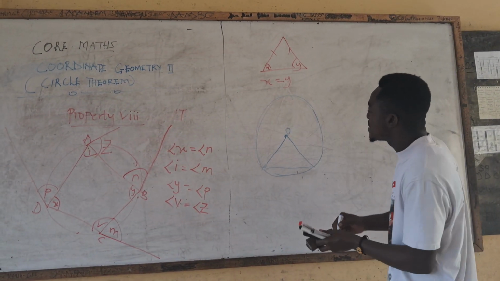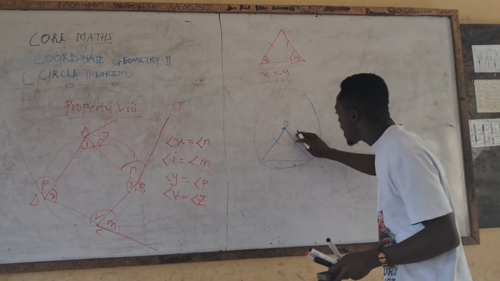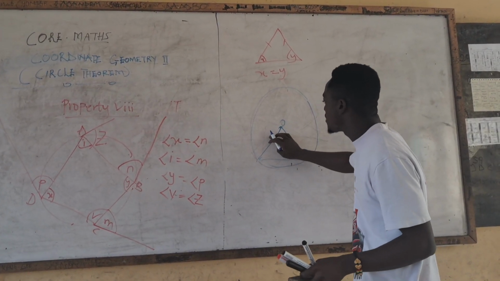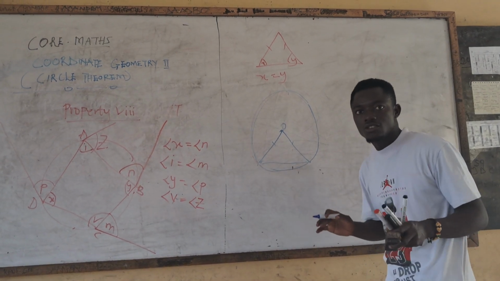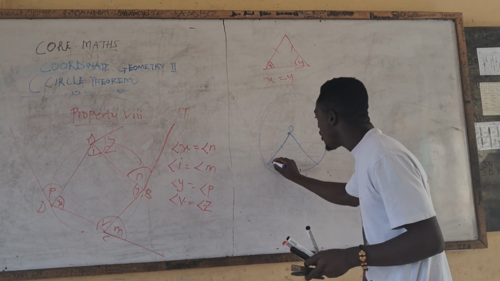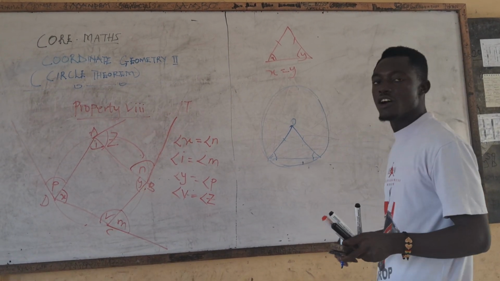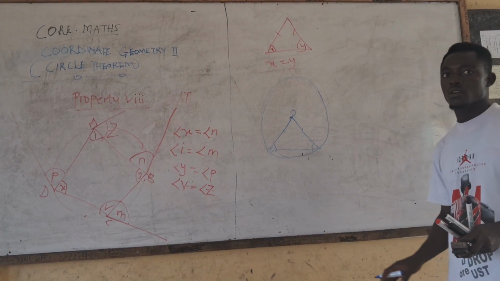So automatically, without indicating that this one and this one are equal, you should know that from the center to any part of the circle is what? Equal. Are you okay? Which is a radius. Therefore, the angles formed by those radii are also equal.